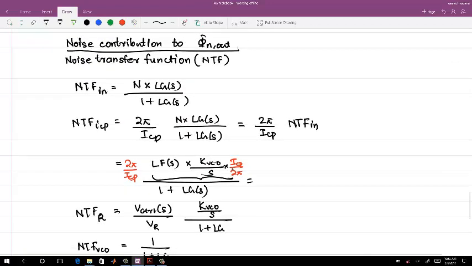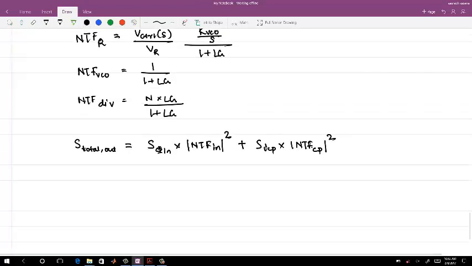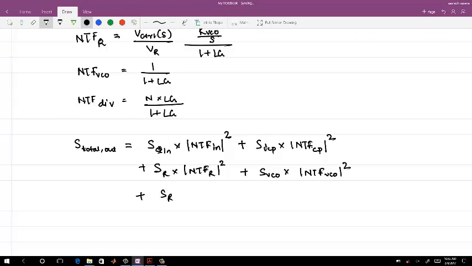So, okay. You can find all these noise sources. So let me just write it here and then finish off. So S of R into NTF of R whole square plus S of VCO into NTF VCO whole square plus S of phi divider into NTF of divider whole square.